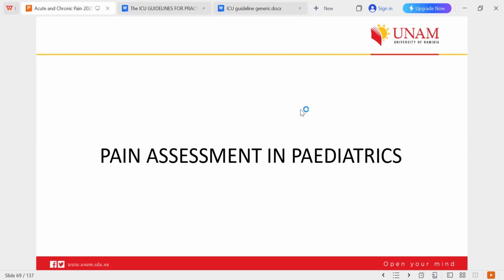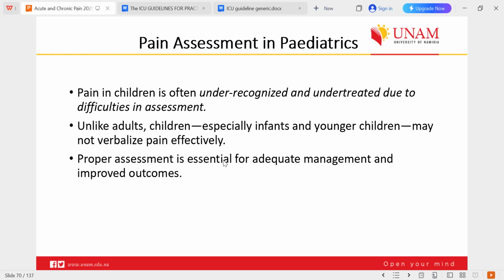Okay, so we'll focus on pain assessment in pediatrics as we move on. All right, know that usually pain is under-recognized and undertreated in pediatrics because of difficulty with assessing their pain. Usually infants and younger children may not be able to verbalize their pain effectively.